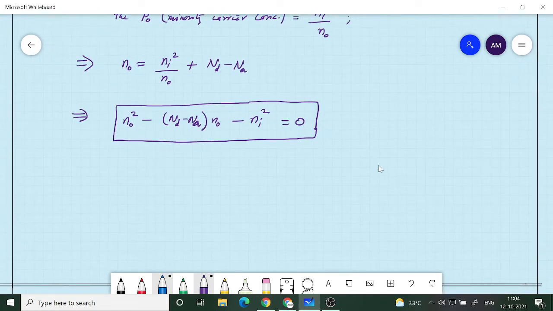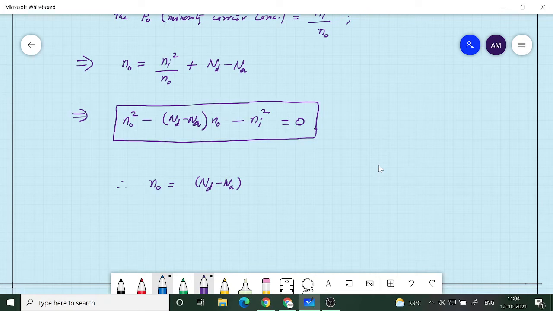So now what is N0? We know the solution is given by minus b plus or minus root of b square minus 4ac, all divided by 2a. Here b is minus (Nd minus Na), so minus b is Nd minus Na.